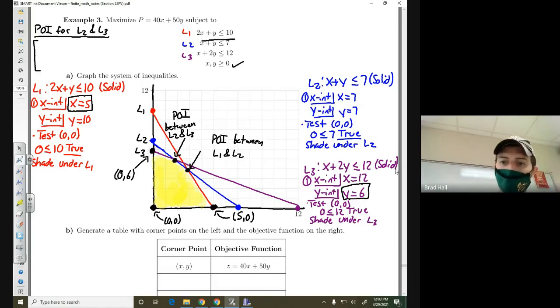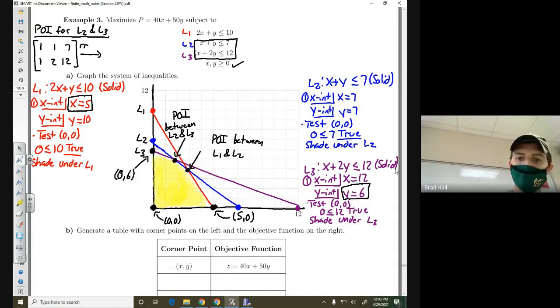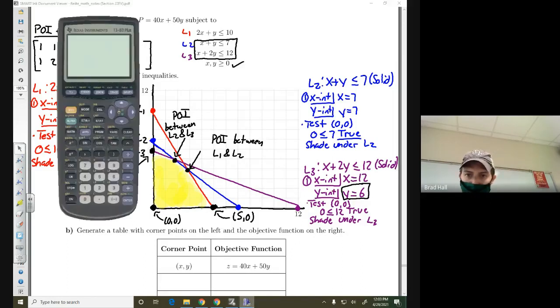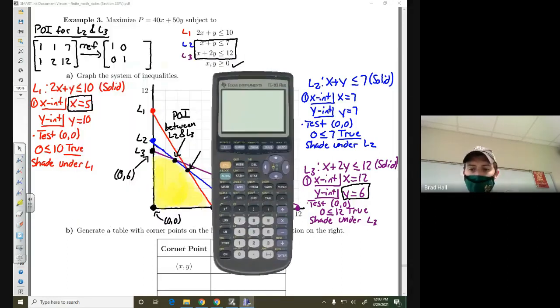L2 and L3 are these two lines. And so the augmented matrix is 1, 1, 7 for the first row, 1, 2, 12 for the second. It normally gives us a template that looks like this, with a final column that we need to now figure out.